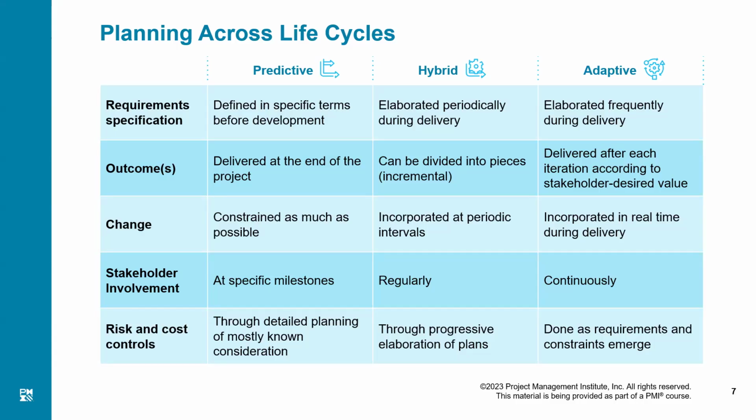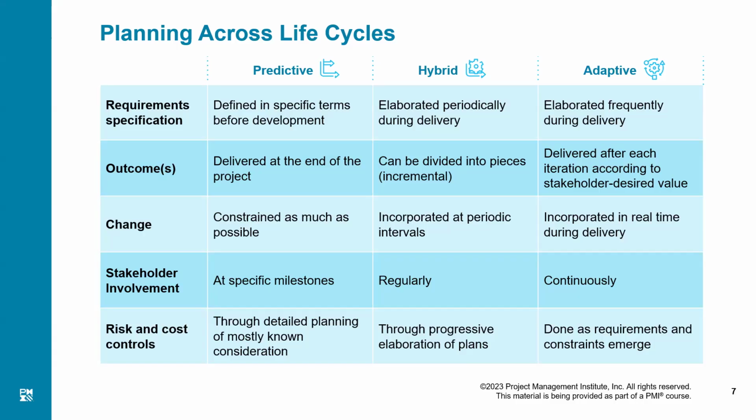Whereas in Agile, we are elaborating frequently during delivery, meaning requirements are pouring in, and once we are done with our first iteration, we will review the remaining work, and out of that, we will pick up the highest priority items. We will plan them, we'll do them, and then we move to the next iteration. And this way, iteration by iteration, we will do small planning, not the whole plan.